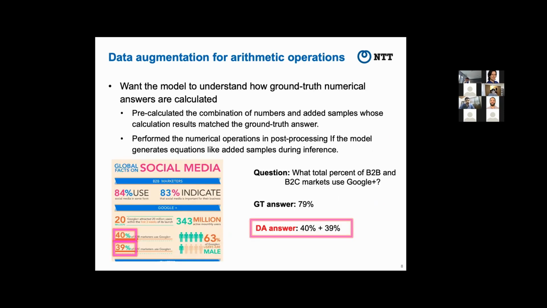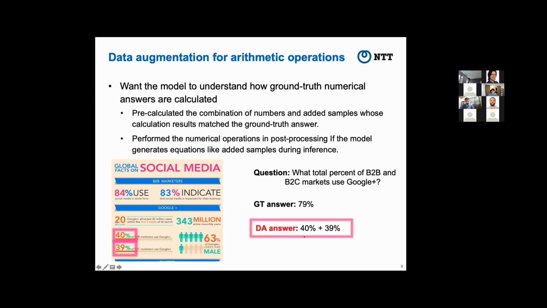We develop data augmentation that improves the numerical reasoning ability. Basically, we want the model to understand how numerical answers are calculated. For this example, suppose the question is what total percent of B2B and B2C markets use Google+, and the ground-truth answer is 79%. Actually, the answer comes from 40% plus 39%.